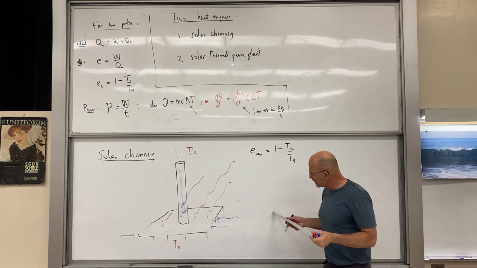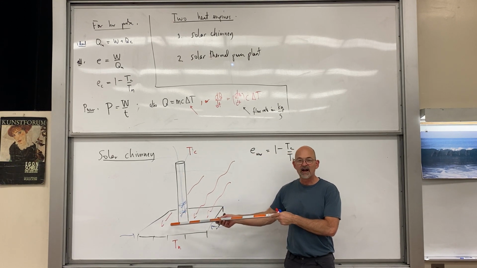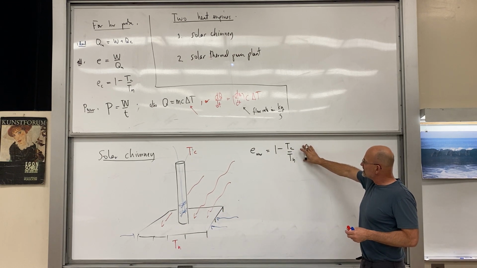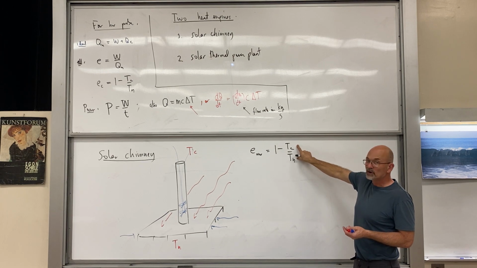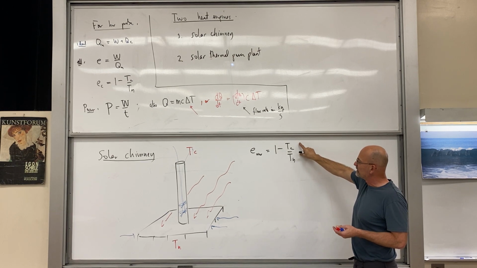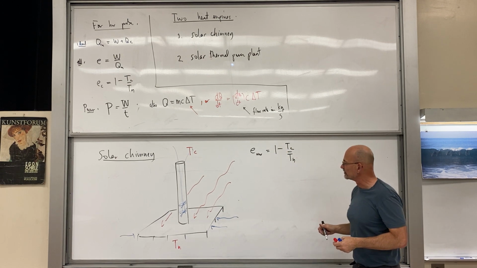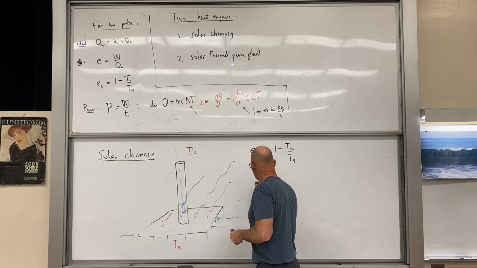And because the air is always being replenished from the sides, it can't become that sweltering hot under here. So if you make up some numbers, you're just going to have a few degrees Celsius difference here. This efficiency is going to be constrained by this law. Now, what about QH?